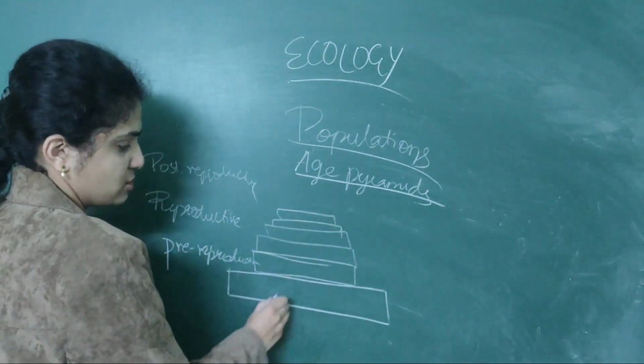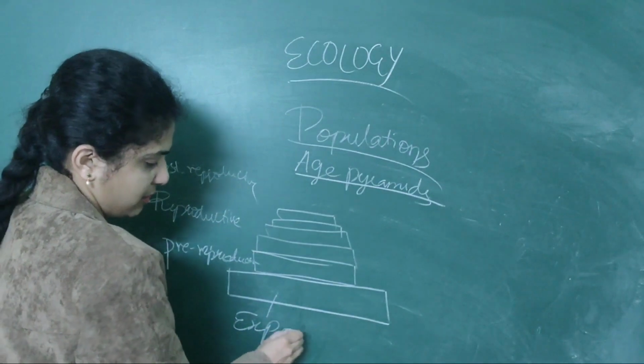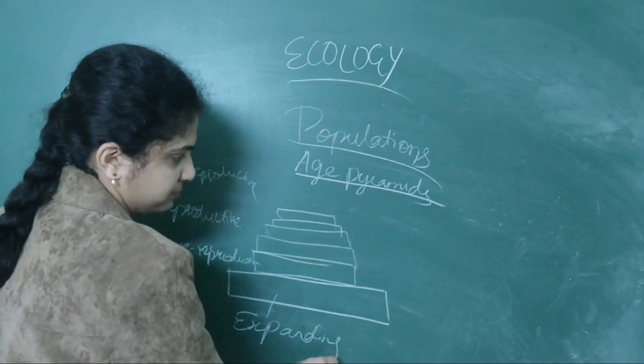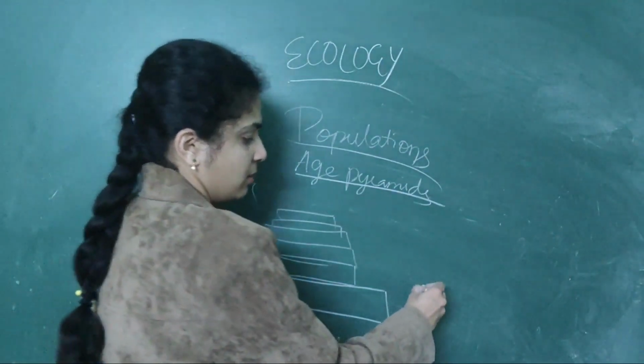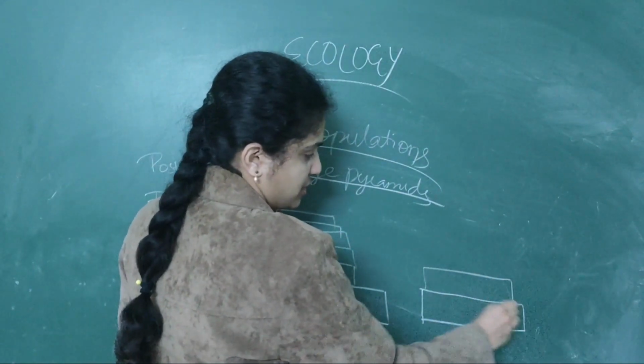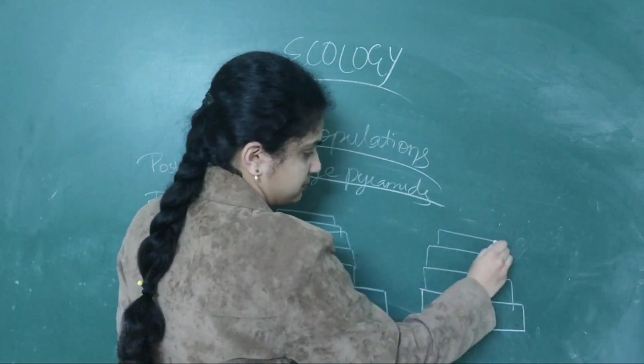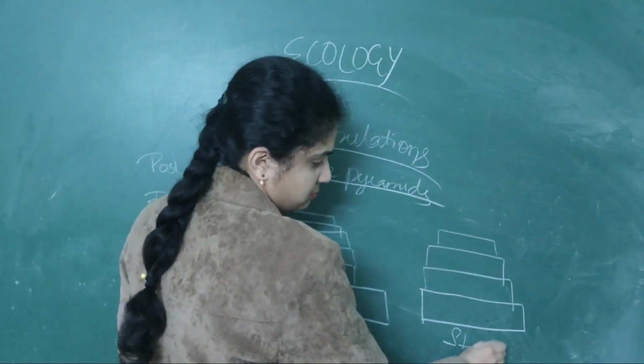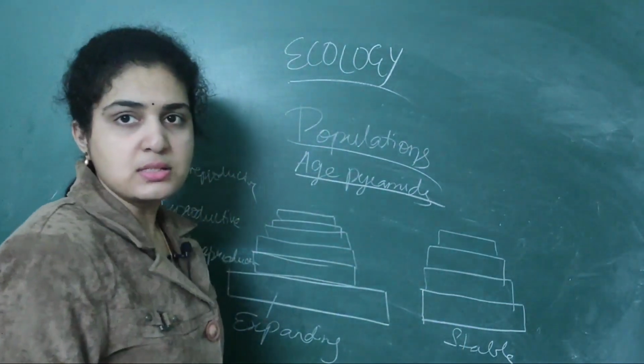So this is called expanding population. Next, stable population. This is stable.